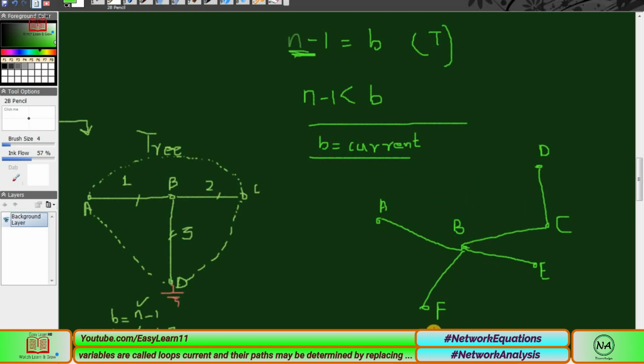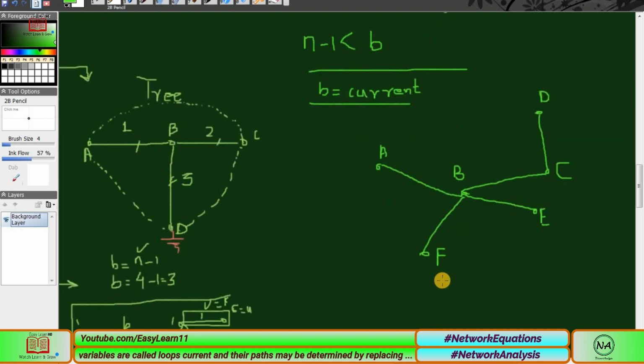This is a tree. First of all, we need to number the branches 1, 2, 3, 4 and 5. Here you can see we have 6 nodes and 5 branches. For the 5 branches we need to find the current variable especially.